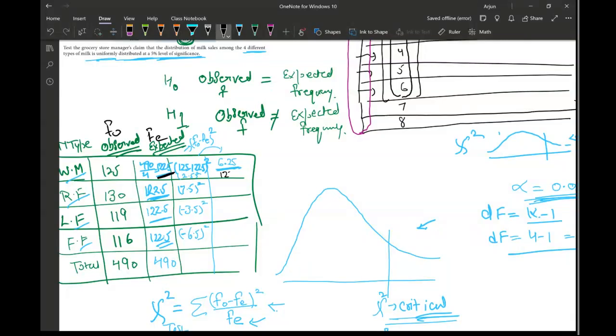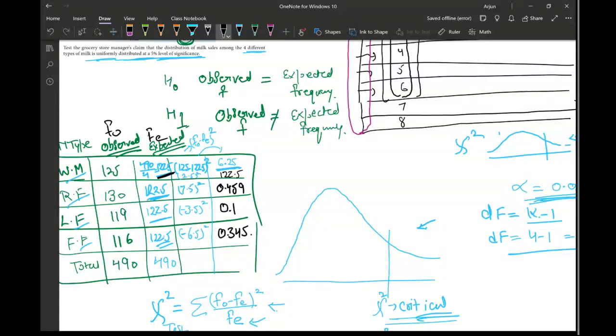So this divided by 122.5, and then 7.5 times 7.5 divided by 122.5 is 0.459, and then the next one is 3.5 times 3.5 divided by 122.5. This comes out to be 0.1.